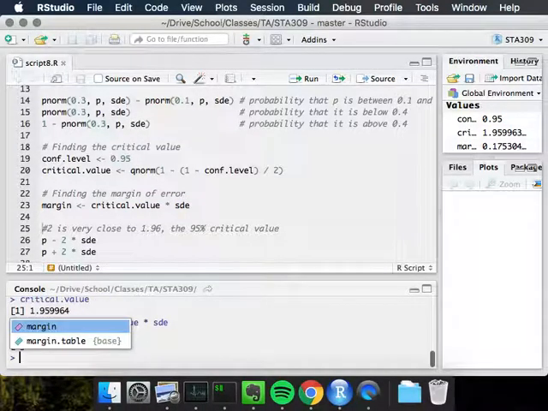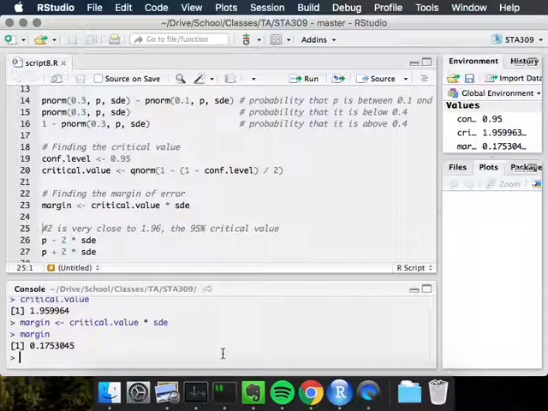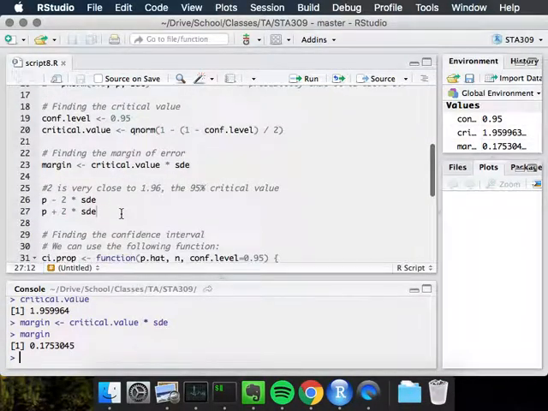For example, in our case, the margin would be 0.17. That means that in 95% of the cases we expect 0.4 plus 0.17 or 0.4 minus 0.17. If we plug the margin here, these are our lower and upper bounds on our interval.